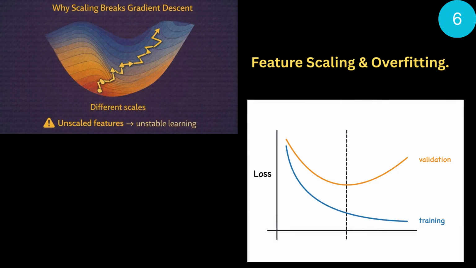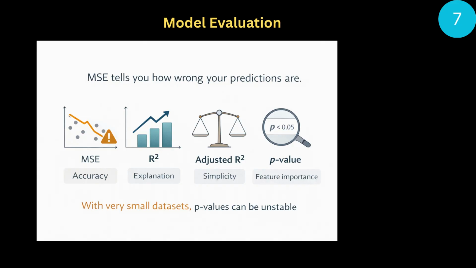6. Feature scaling and overfitting. We learned why scaling matters, how training error and validation error behave, and how overfitting actually shows up in practice. 7. Model evaluation. We used MSE. We used R-squared. We discussed adjusted R-squared.